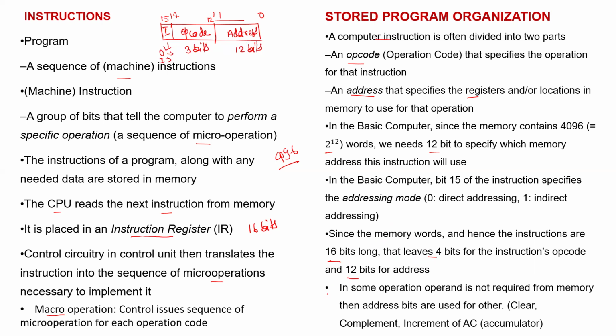In some operations an operand is required, meaning you obtain the information from the memory, and in some operations it is not required to get data from the memory, like clear, complement, and increment of the contents of the accumulator. For those, memory communication is not required, and read or write operation with memory is not required.